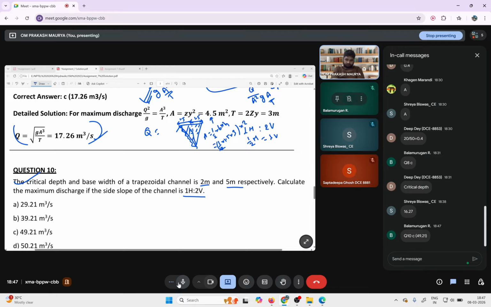Here you have trapezoidal geometry, so very carefully you calculate. If you think very carefully, only the dimension of the geometry changes. I think question 9 and question 10 are more or less similar.